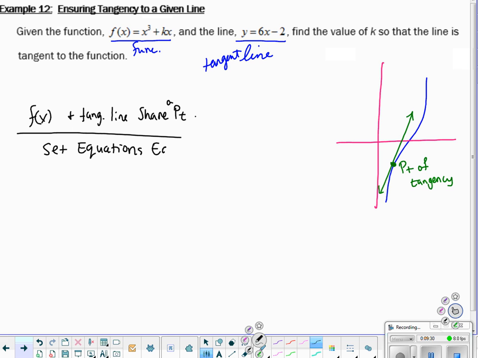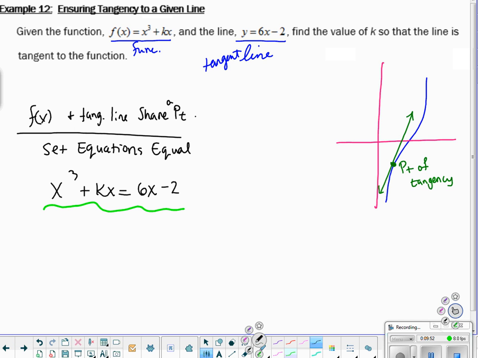Okay, well, I could do that. X cubed plus kx equals my other side, 6x minus 2. Yeah, they share a point, so then the x value is going to be in common to them both. Let's just kind of pause at this one. Hang on to this thought.